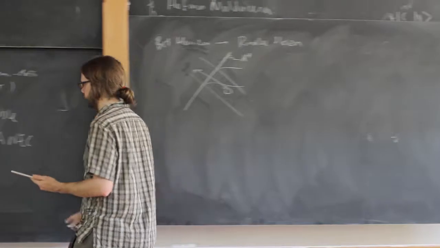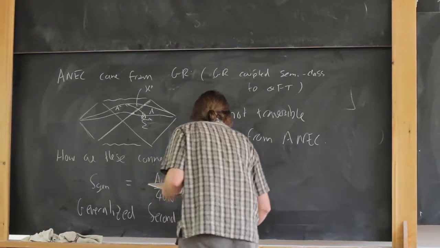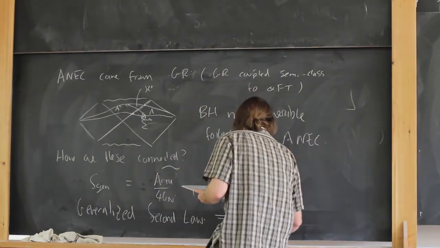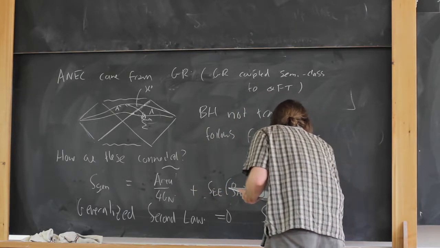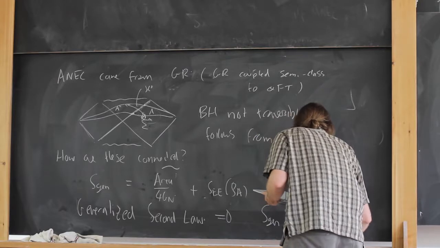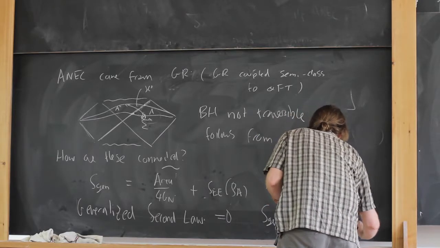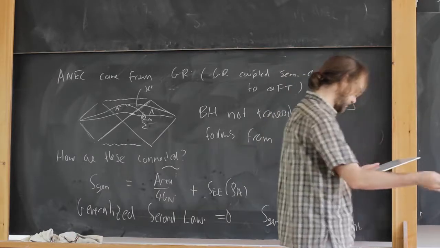So I didn't say what the generalized second law is, but it's that this generalized entropy should increase along horizons, along these causal horizons.